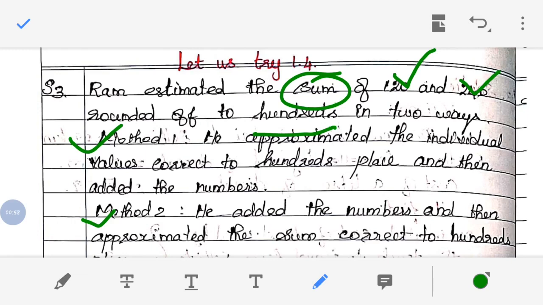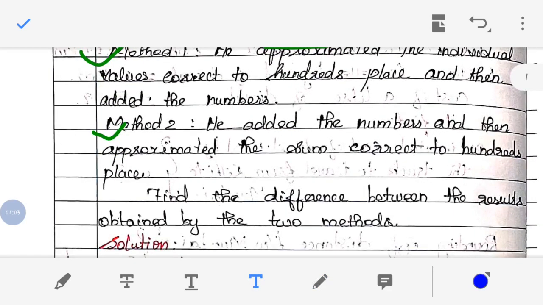In method 2 he added the numbers and then approximated the sum correct to hundreds place. First he did the addition and then he rounded off to the nearest 100.